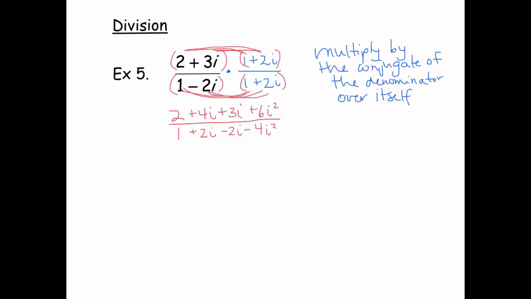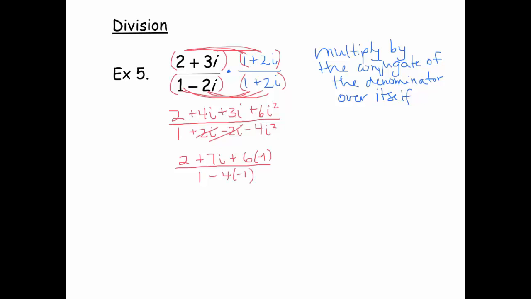Okay, so let's do our simplifying. Up on top I have 2 plus 7i plus, here I'm going to replace the i squared with a negative 1, so 6 times negative 1, over 1, the 2i and the negative 2i cancel, minus 4 times negative 1.